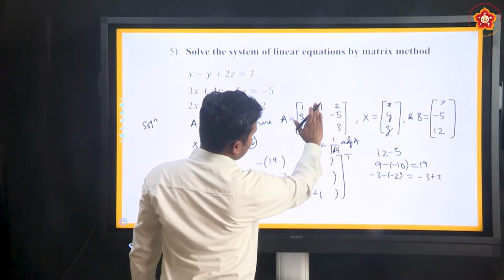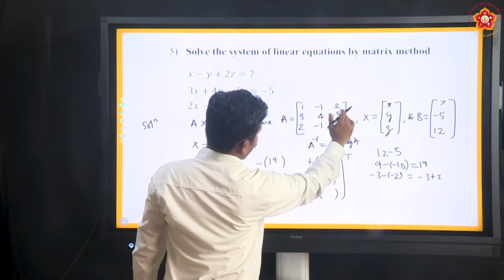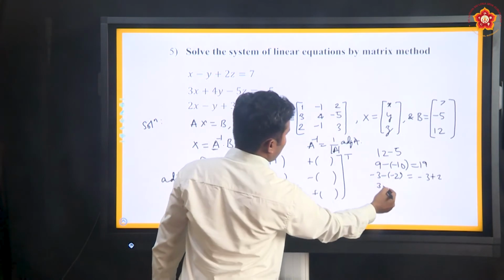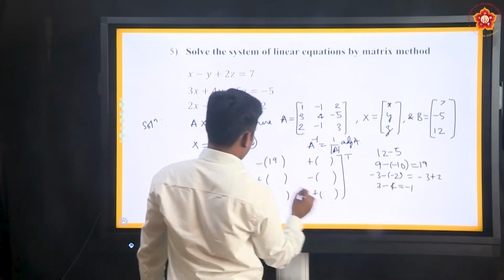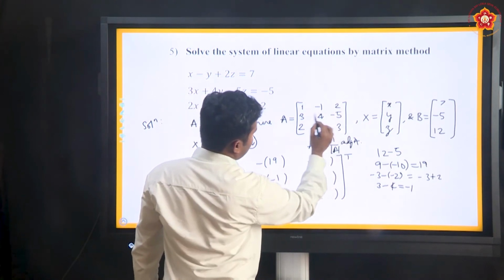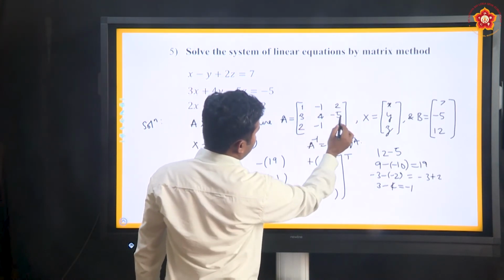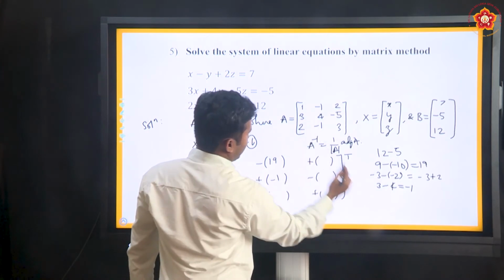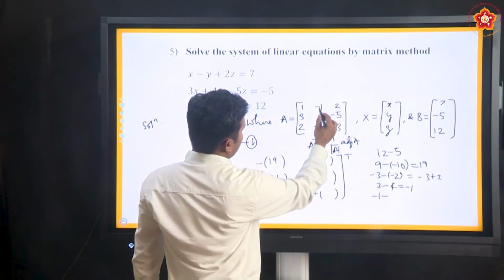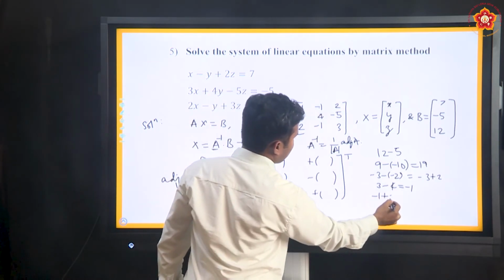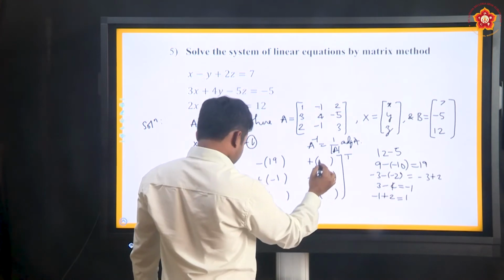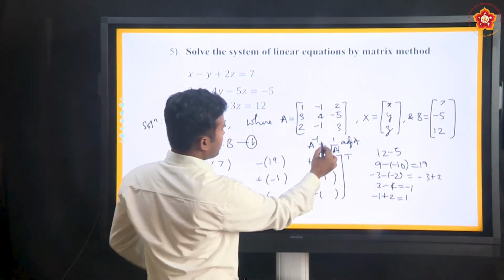Delete the second row, second column: 1 into 3 minus 2 into... the answer is minus 1. Here delete the third column and second row: 1 into minus 1 is minus 1, minus 1 into 2 is plus 2. What is the answer? 1. And what is this?